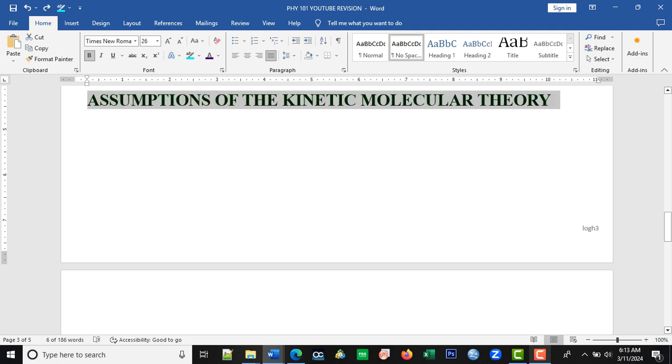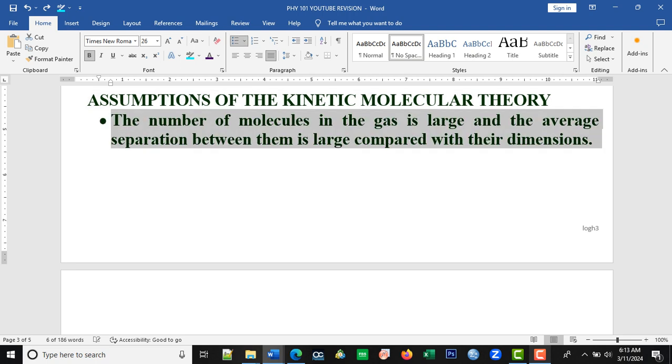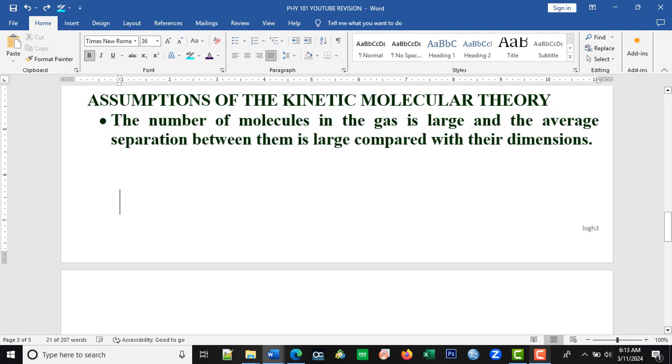We're going to look at some assumptions of the kinetic molecular theory before we attempt the question. So the first point we have here says that the number of molecules in the gas is usually large, and the average separation between them is large compared with their dimensions.